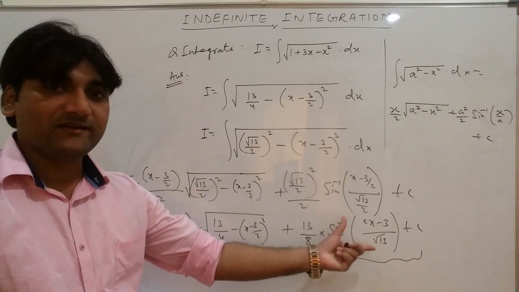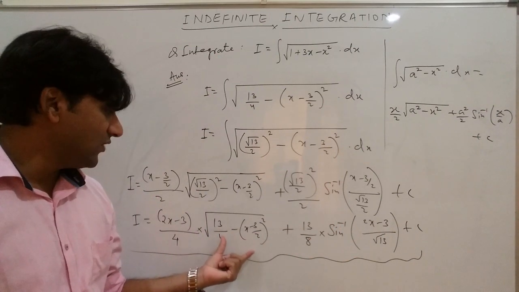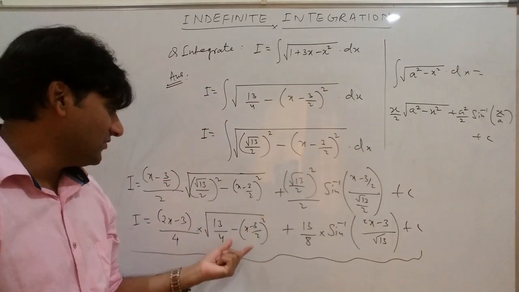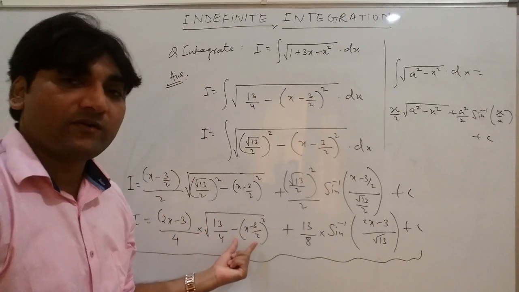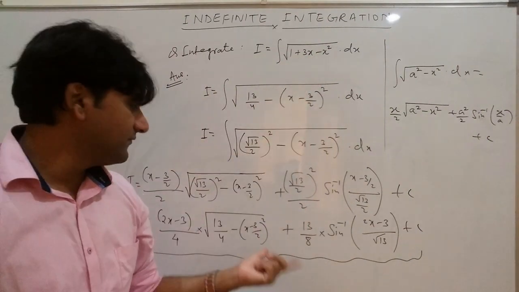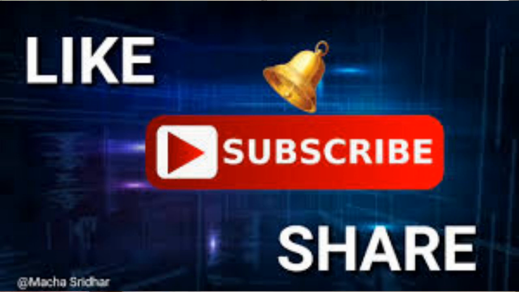And if you want, you can open this. You will get this one. Obviously, because 13 over 4 minus x minus 3 over 2 whole square was only 1 plus 3x minus x square. So if you want, you can write that instead of this. If I write the final answer, this can also be a final answer.